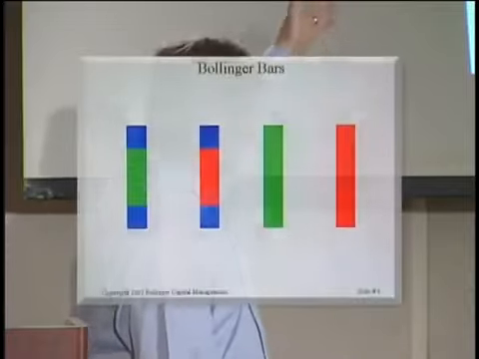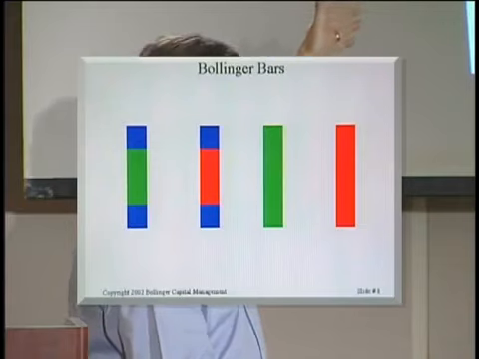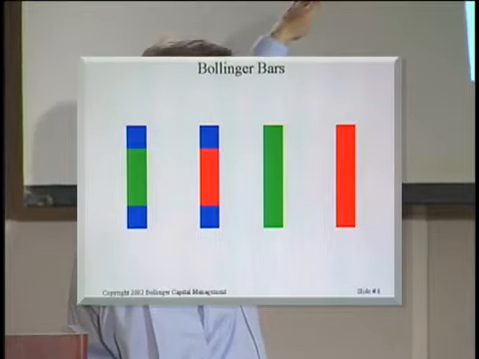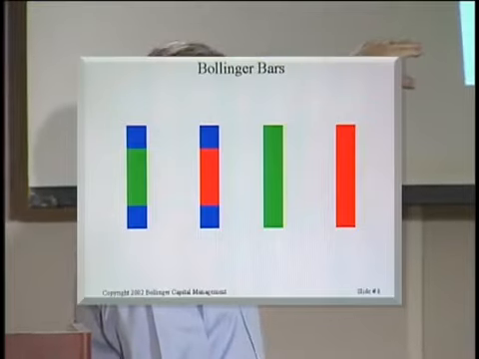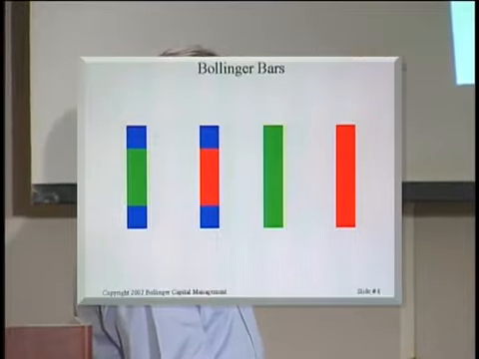So I tried to rework this idea, and I created these bars called Bollinger bars. And the center of the bar here is green if the close was higher than the open, and the center of the bar is red if the close is lower than the open.